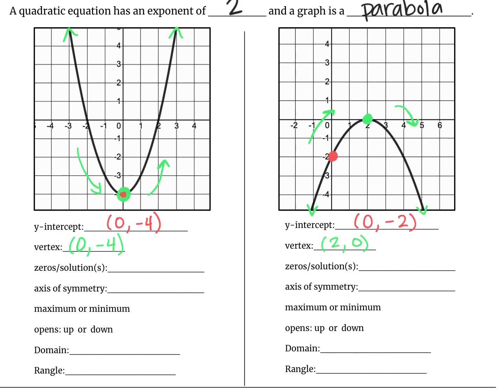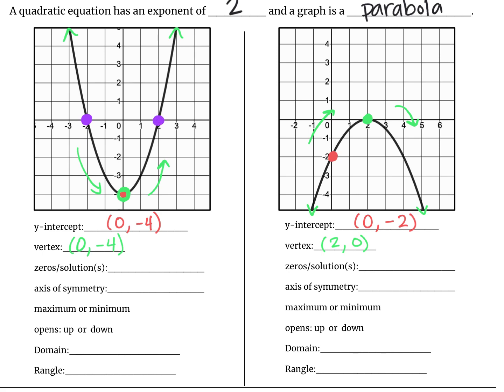So when it's asking for the zeros or solutions, notice that it is plural because with quadratic functions, it is possible you're going to have no zeros, it's possible to have 1 zero, and it's possible to have 2 zeros. So if we look at our first graph here, notice that our parabola, this function here, crosses the x-axis twice, 2 different places.